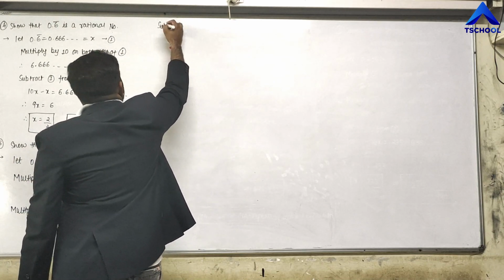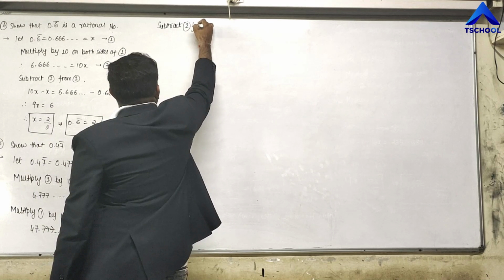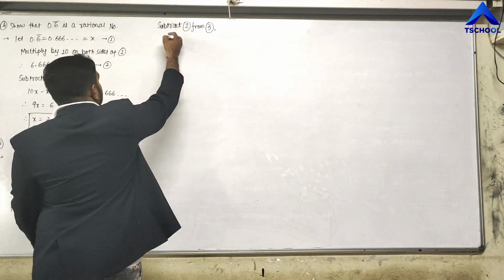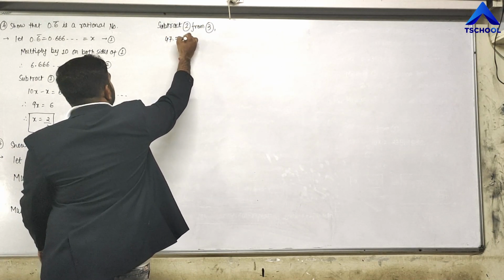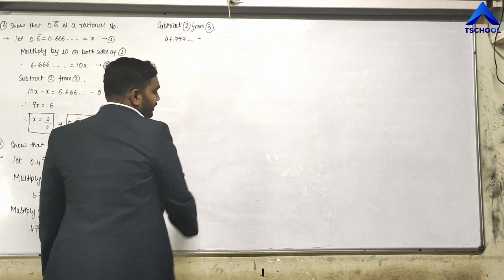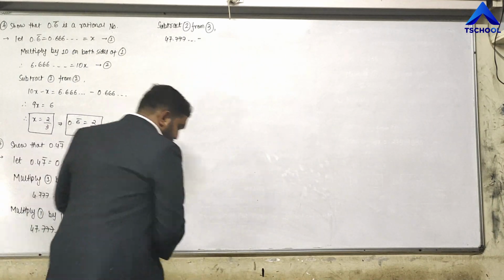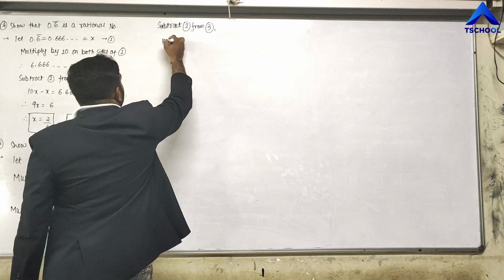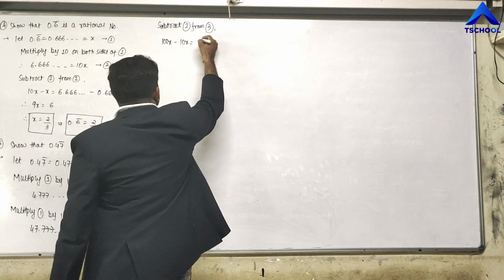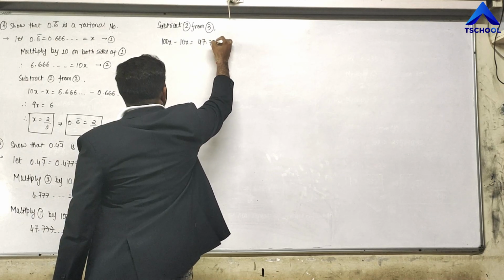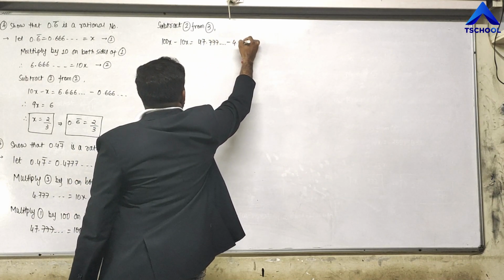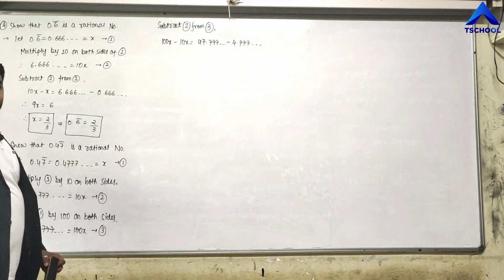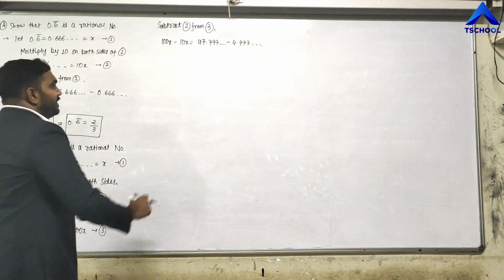Now simply subtract equation 2 from equation number 3. So we get 100x minus 10x equals 47.777... minus 4.777... So you can see clearly that the numbers after the decimal point are cancelled.